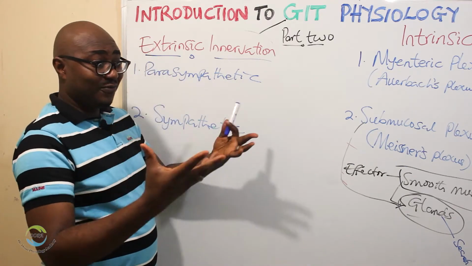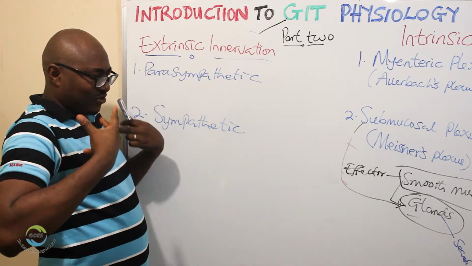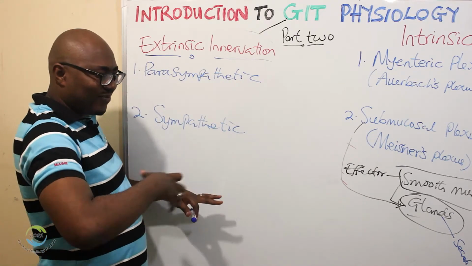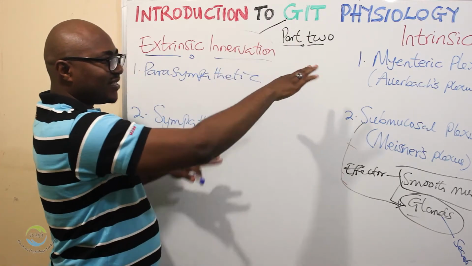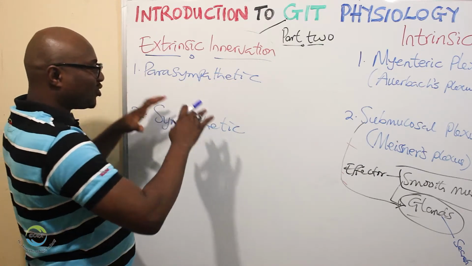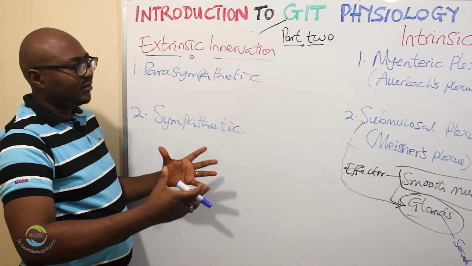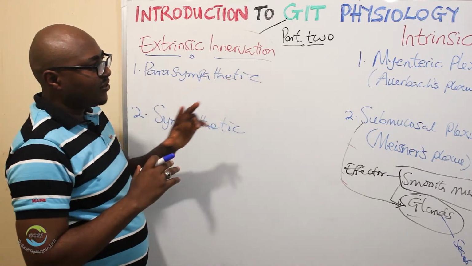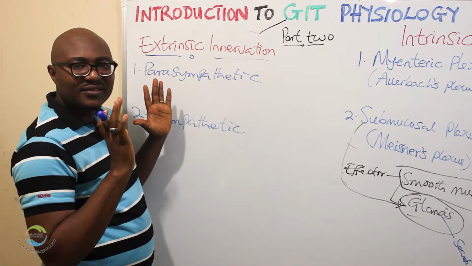So when you see food, it's your brain, your eyes, and it's effected through the extrinsic, which now empowers and stimulates the intrinsic, and we all go there. So the function is just to empower and enhance the activity of the myenteric and submucosal plexuses.